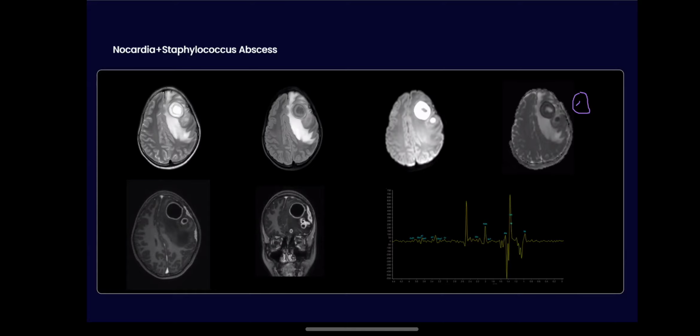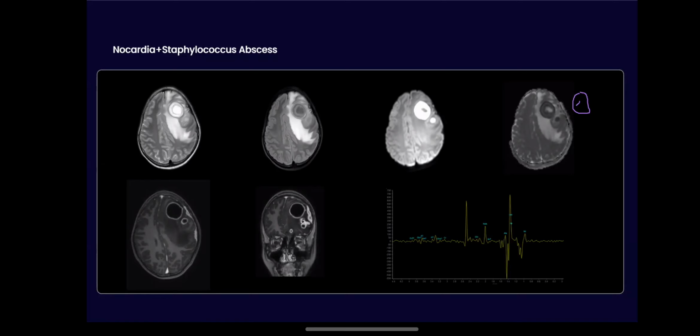And lo and behold, we did find literature that said that when you have sentinel abscesses and also involvement of the overlying meninges, like in this case, you could think of the possibility of atypical organisms, particularly in the context of HIV. It could be a nocardia. Of course, I'm a neuroradiologist, but I think it's very important, both for the diagnostic and the intervention aspect, that I look at the whole body.